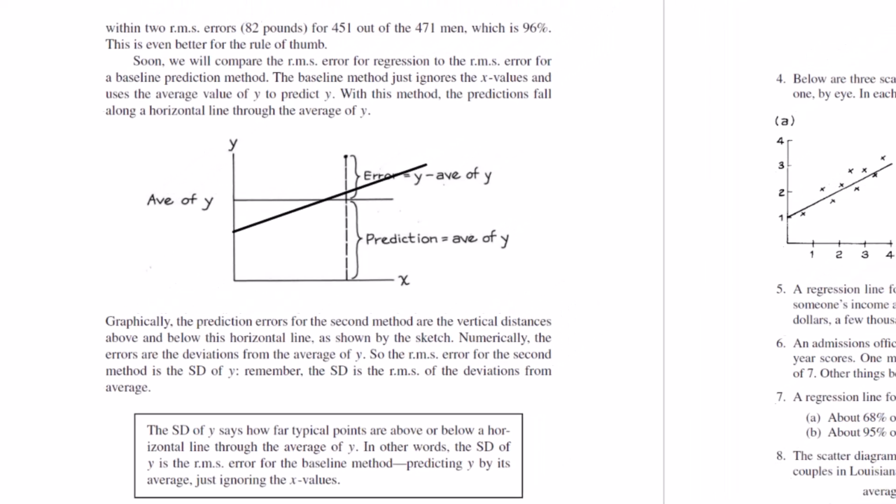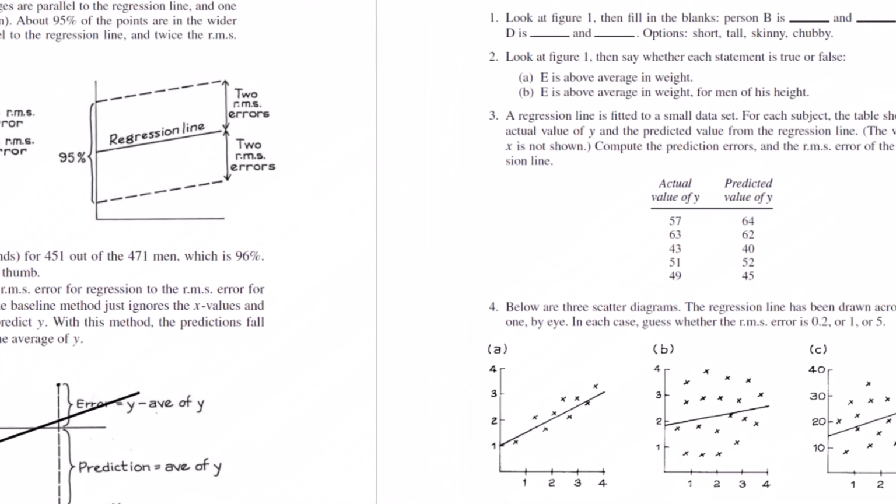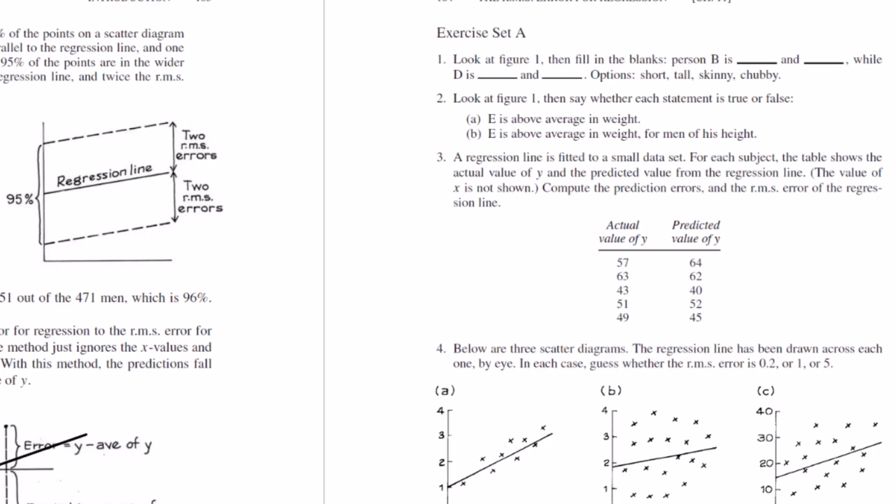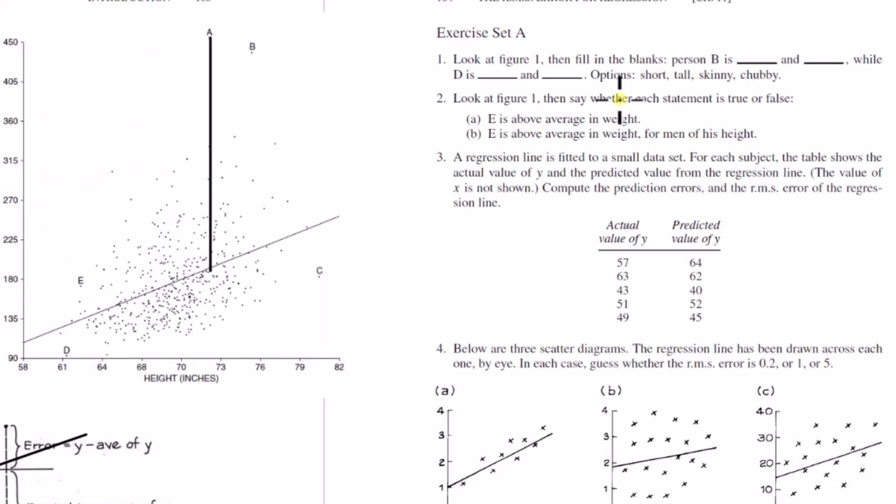Okay, let's go through these exercises real quick. Look at figure 1. So here's figure 1. Person B is what and what, while D is what and what. So the options are short, tall, skinny, chubby. So person B is tall and chubby, while D is short and skinny.